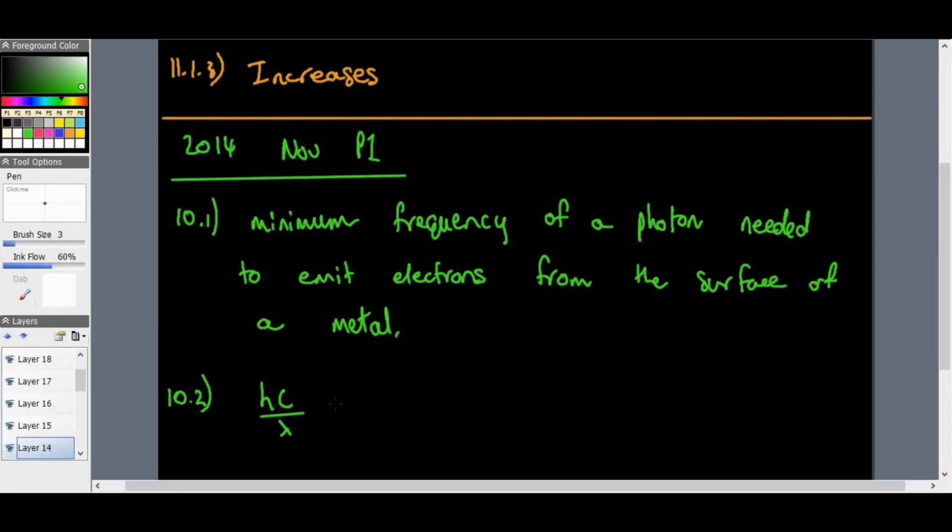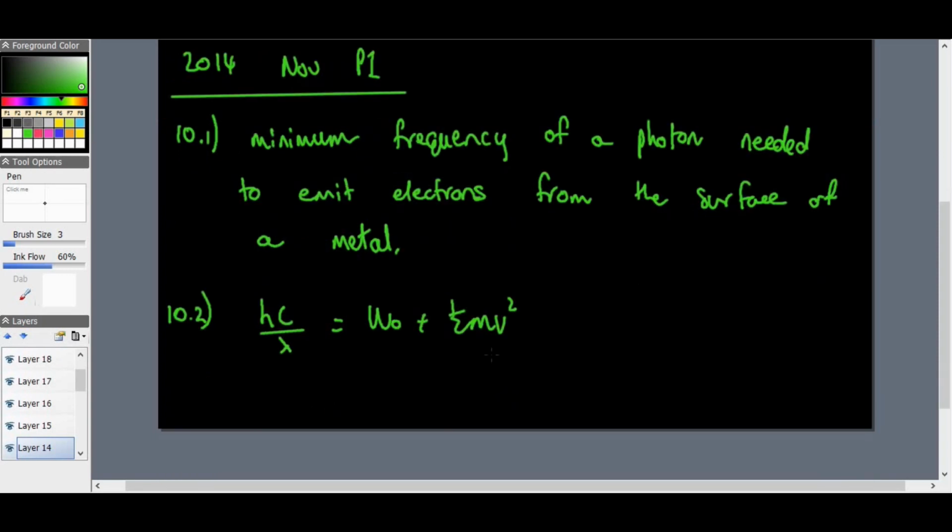That's the formula that has wavelength in it, equal to the work function plus half mv squared. If you want to put E equals the work function plus EK and then substitute into this, that's fine. Just note, you're only going to get a mark for either one of them, not for both.